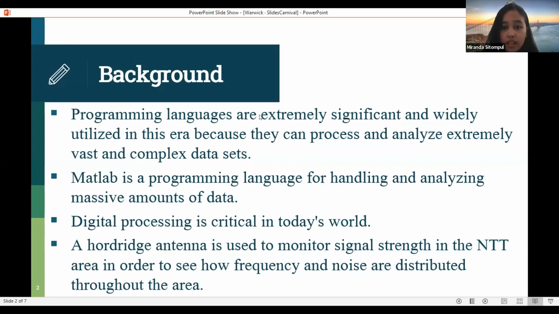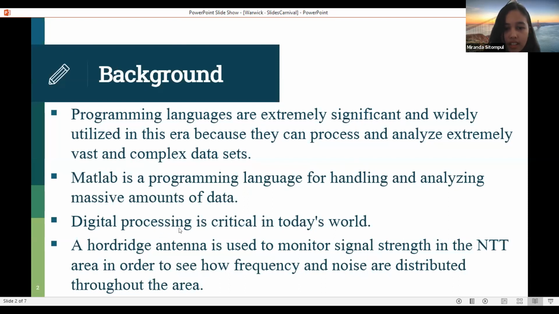Programming languages are extremely significant and widely utilized in this era because they can process and analyze extremely fast and complex data sets. In this project, I use MATLAB because MATLAB is a programming language for handling and analyzing massive amounts of data.